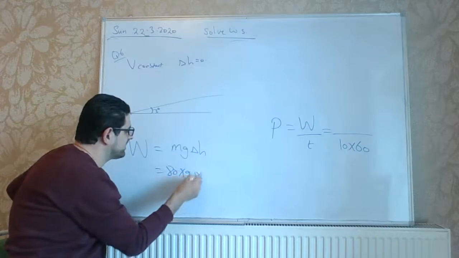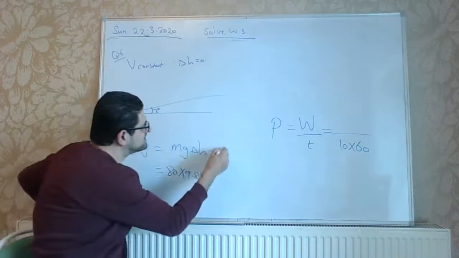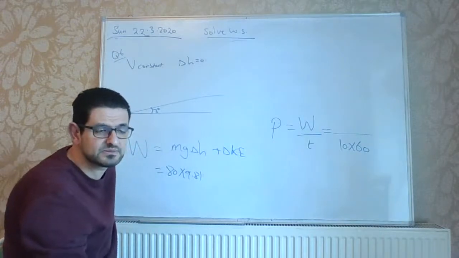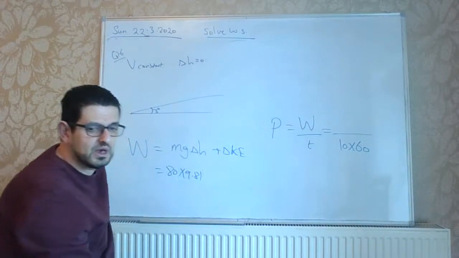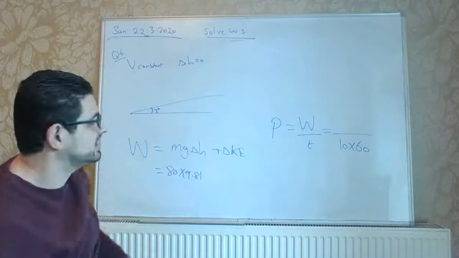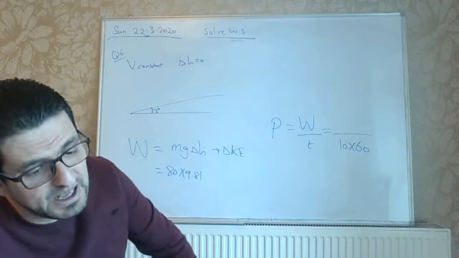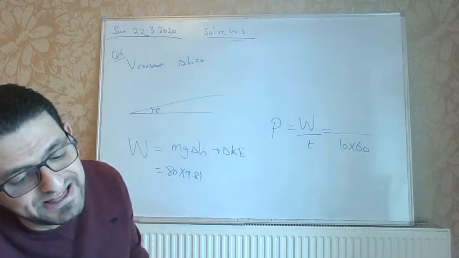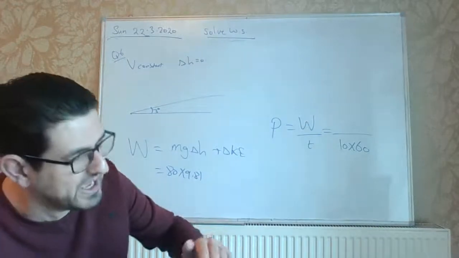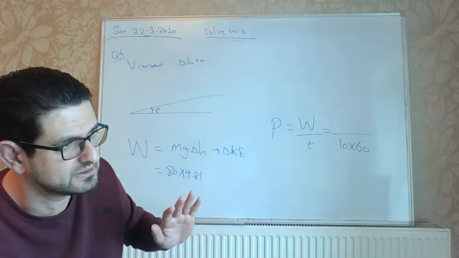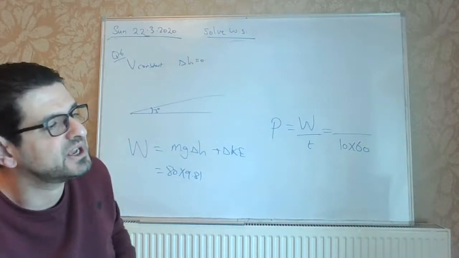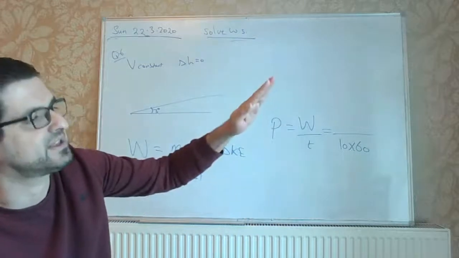times 9.81. Do you understand why I did not put plus kinetic energy? Do you understand why I did not put this? Because it said it was horizontal. He says the additional power; actually his power is not only this, because he is providing power to walk. He wants the additional power to make the angle 3 degrees.